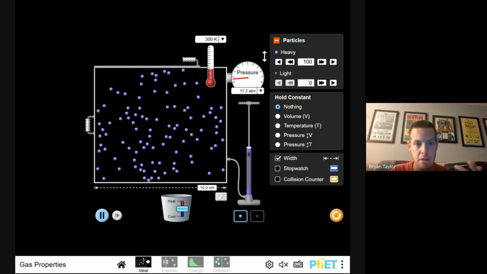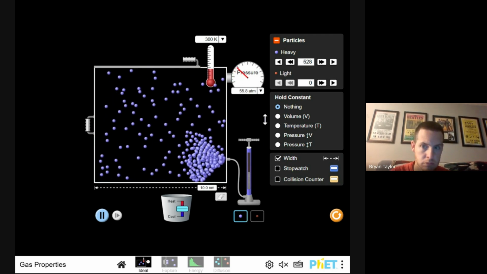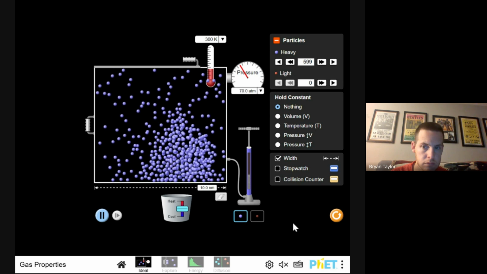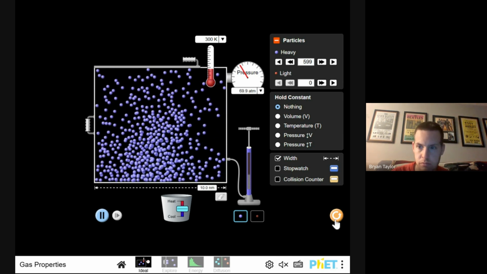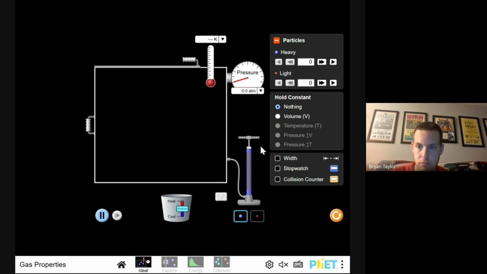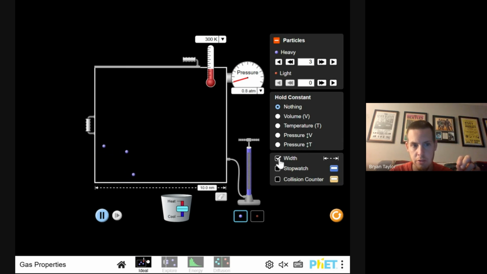So this is a lot of moles. That's a lot of moles. That's a little moles. And the reason I'm mentioning that is because you're about to notice we're not going to really mess with those.